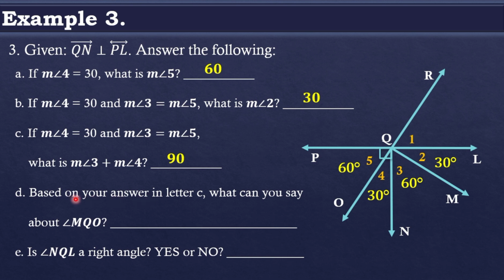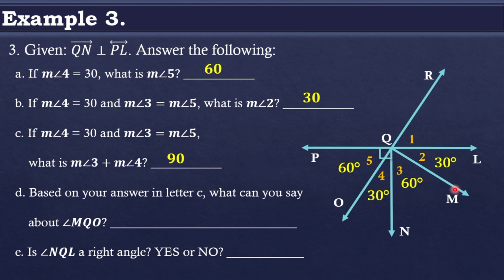Okay. Now, based on your answer in letter C, what can you say about MQO? So, yung MQO, yun yung kinuha natin na sum ng angle 3 at angle 4. Okay?